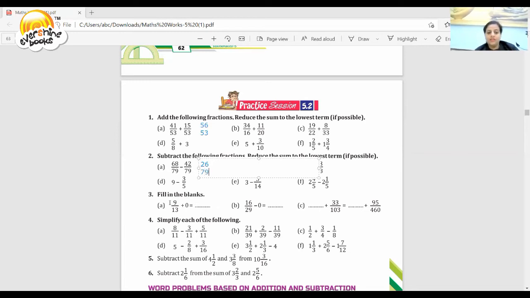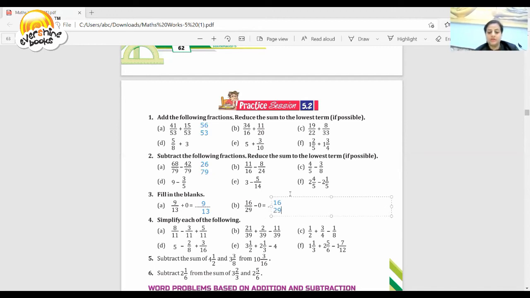Okay. Now fill in the blanks. If we minus 0, 9 upon 3, only 9 upon 3 will come. Because the same number will come because it is not added to anything. 16 upon 9, 29 is the same because it is the property of 0.